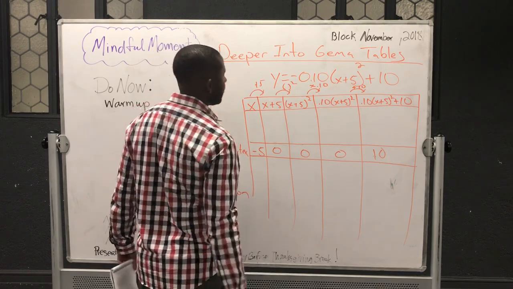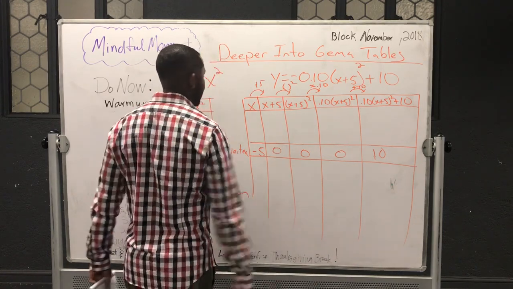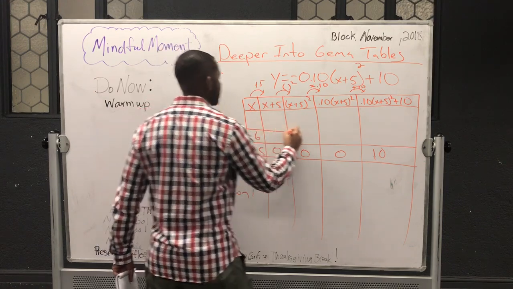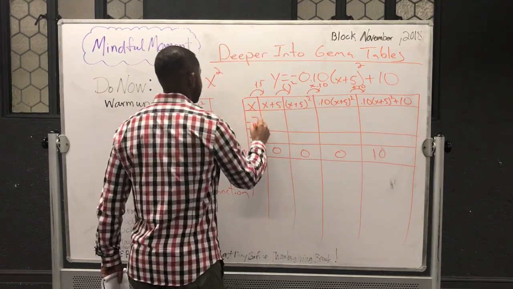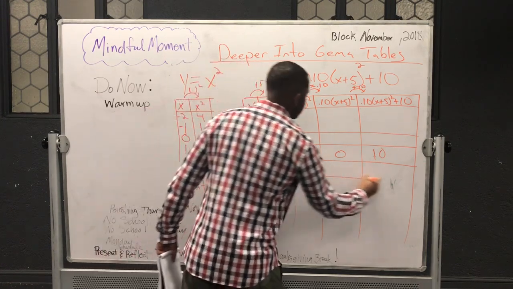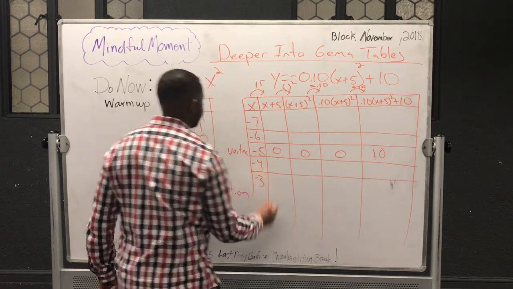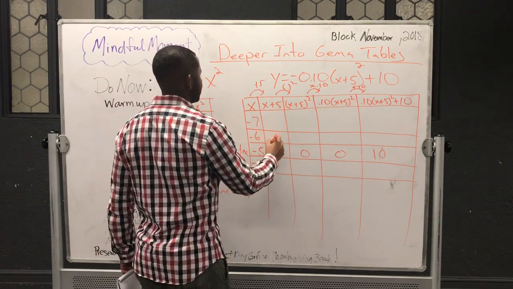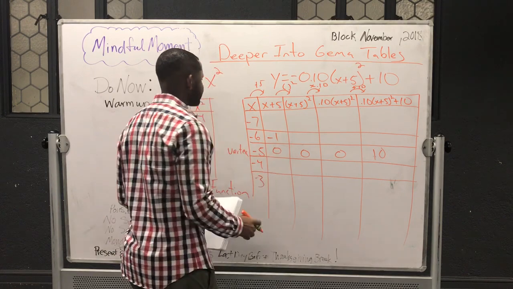And we're not going to show all the intercepts and everything, but we're just going to look at some of the symmetry. So this is -5, so backwards this would be -6. This would be -7, -7, -6, -5, -4, and -3. Okay? -6 plus 5 is what? -1?